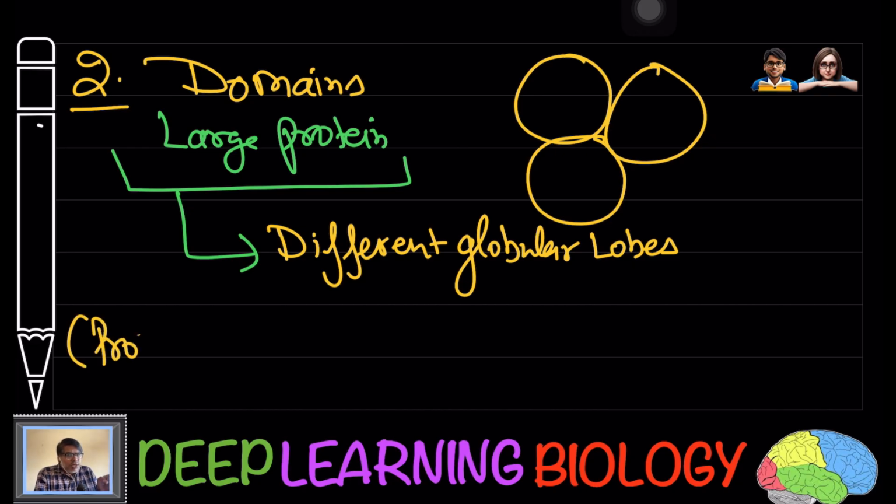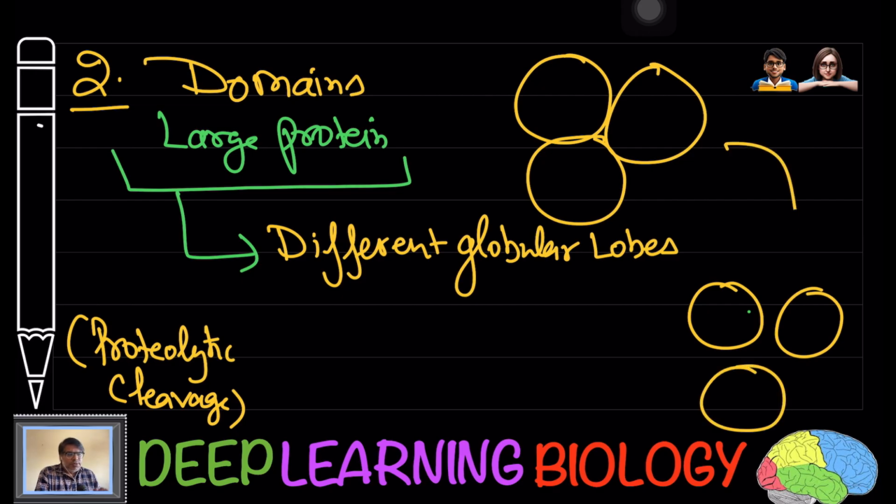By using proteolytic enzymes, you can separate these lobes. The proteolytic enzymes will cleave at specific positions, and by using them, you can separate these lobes.